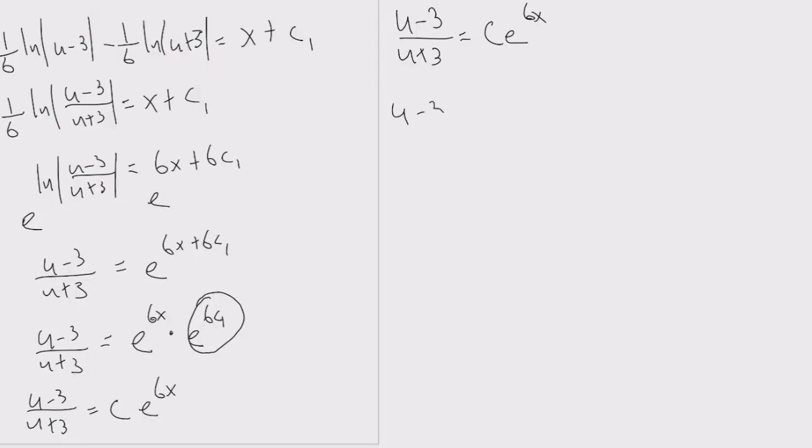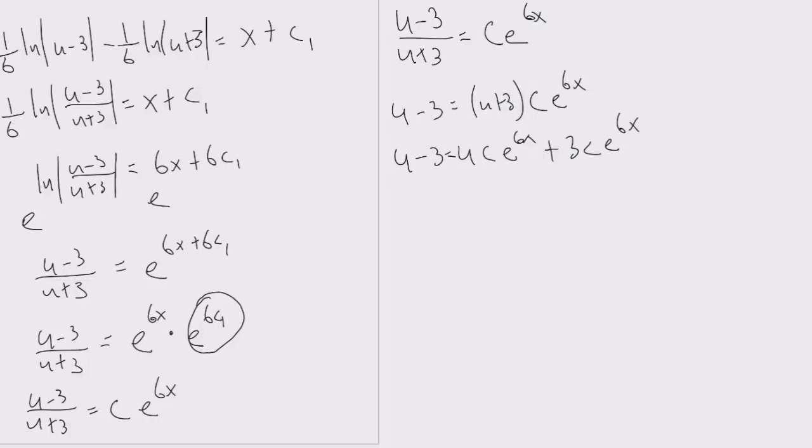So u minus 3 equals (u plus 3) c e to the 6x. I think we can do a little bit of distributing. So u c e to the 6x plus 3c e to the 6x.